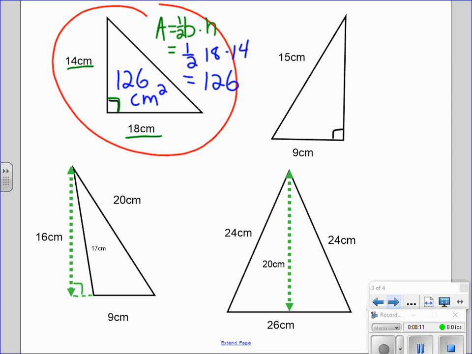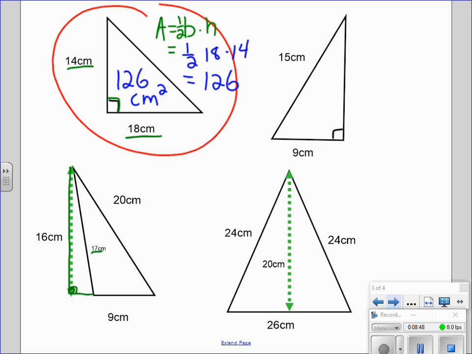All right, what question shall we try next? Nukes, why is there this green arrow over here? It's not even in the triangle. Why would we have a height not in the triangle? That seems ridiculous. Well, Stephen, that green arrow over there with the dots is telling you the height of the triangle, notice that it has a little right angle sign in there. The height of the triangle is in fact 16, because that's straight up and down, versus 17, which is not the height because it's on an angle.